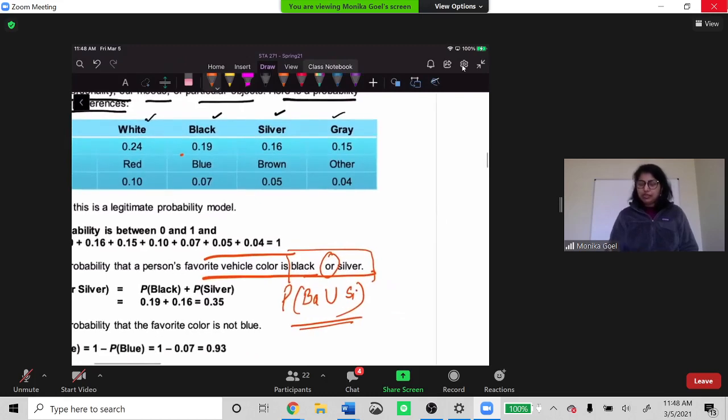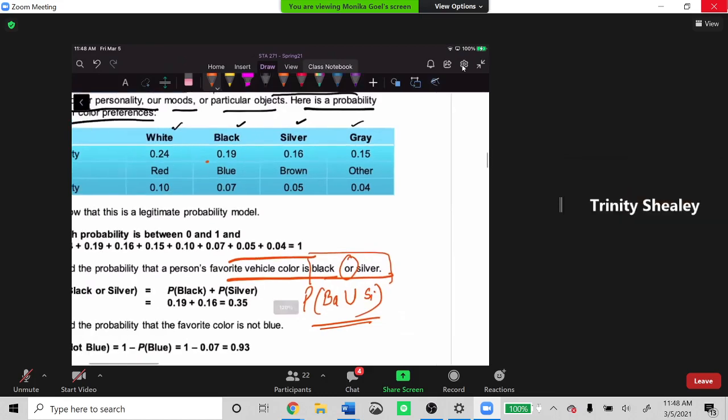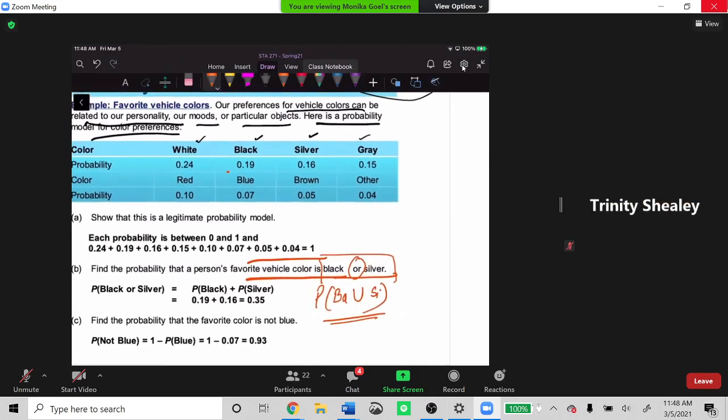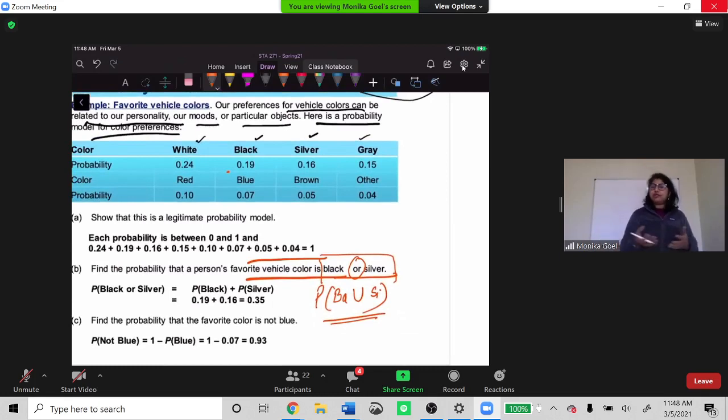Now, my next question: are black and silver overlapping events or disjoint events? Disjoint, because black is a different color and silver is a different color. They have nothing in common. When you know that they are disjoint events, the formula for disjoint events is the sum of their individual probabilities.